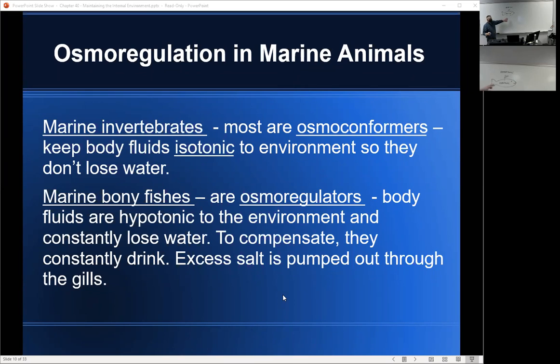Okay, to compensate for this, the fish constantly drinks. It constantly drinks water in order to compensate for that water loss. It pumps excess salt out of its body, and very rarely do they urinate.